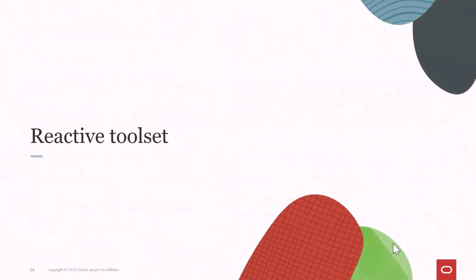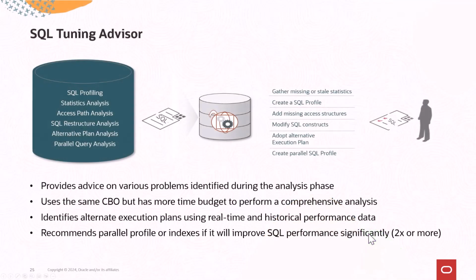Reactive toolset. SQL Tuning Advisor. This is also one of the old features that we have. During the analysis phase, it looks at the problems as we see here in the analysis. It checks statistics, access path, and whether there is any restructuring, alternative plan, or parallel plans.